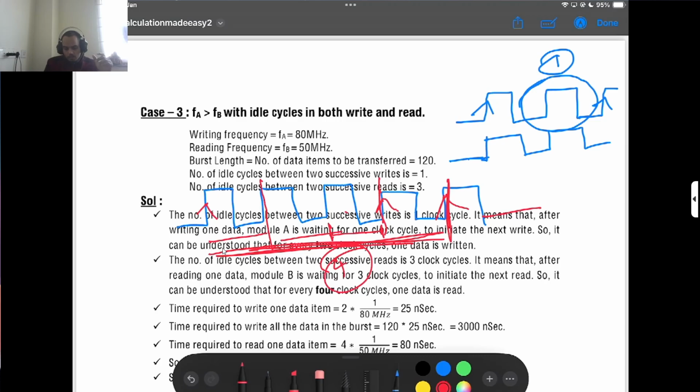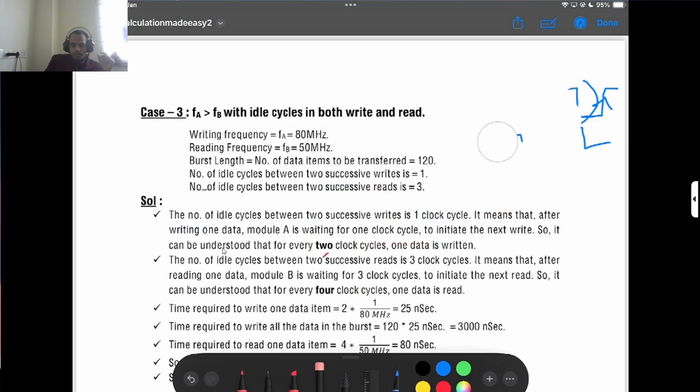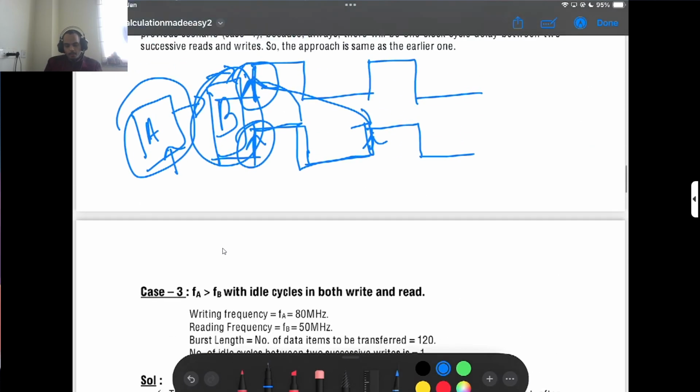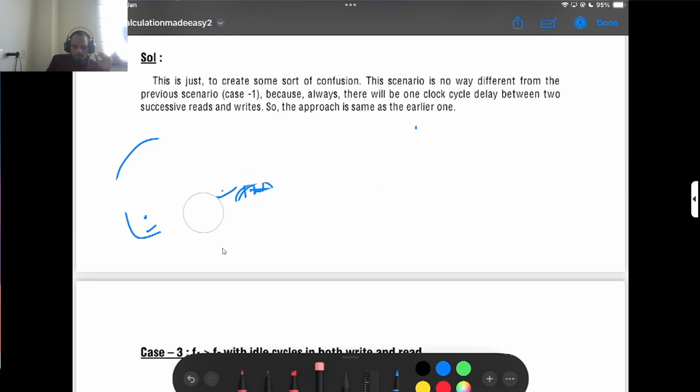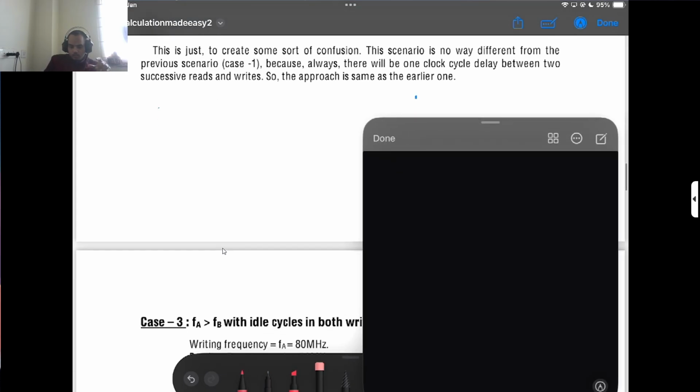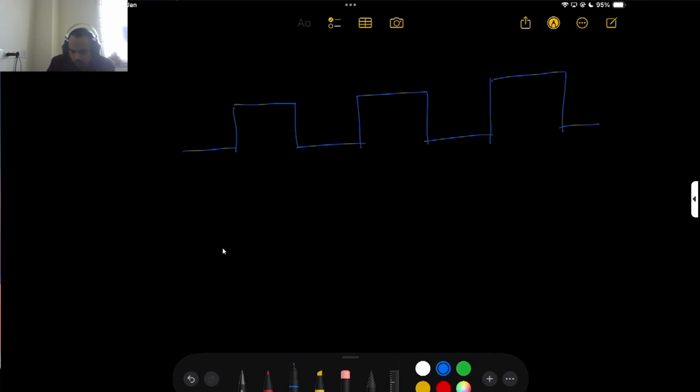Okay, understood. So basically, what is this problem trying to say? Let's explain. This is my clock, my launching clock.